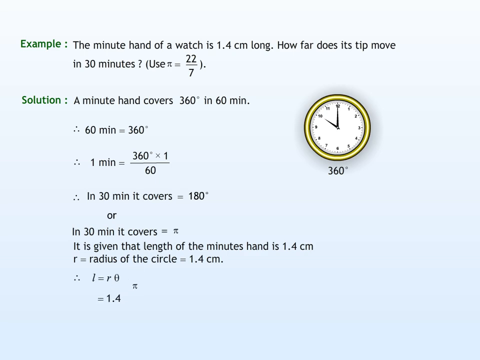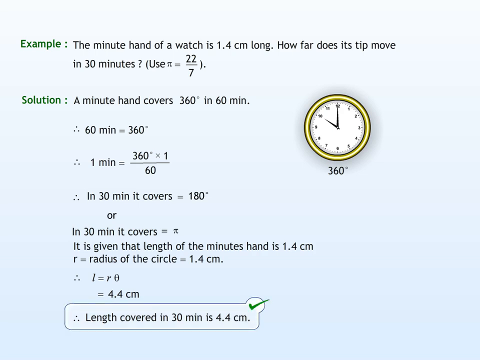Therefore, we get L is equal to 1.4 into pi. This is equal to 22 by 7. So we get 1.4 into 22 by 7, which finally gives us 4.4 centimeters. Hence the length covered by the minute hand of the watch in 30 minutes is 4.4 centimeters.